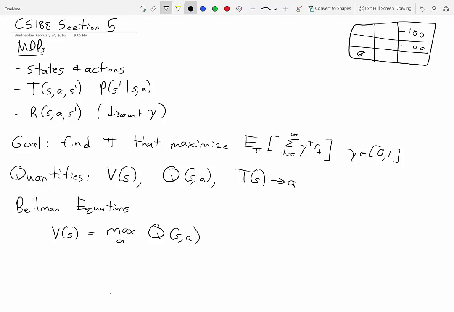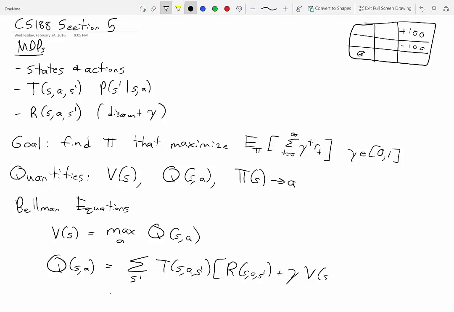And now I'll write down what the Q value is. So Q is the sum over all possible next states, the probability of going to that state, times the reward of that transition, plus the possible future reward, which is the future value.